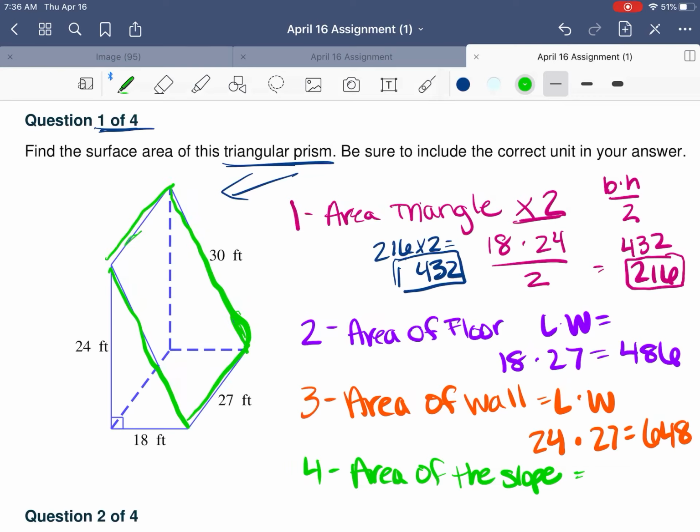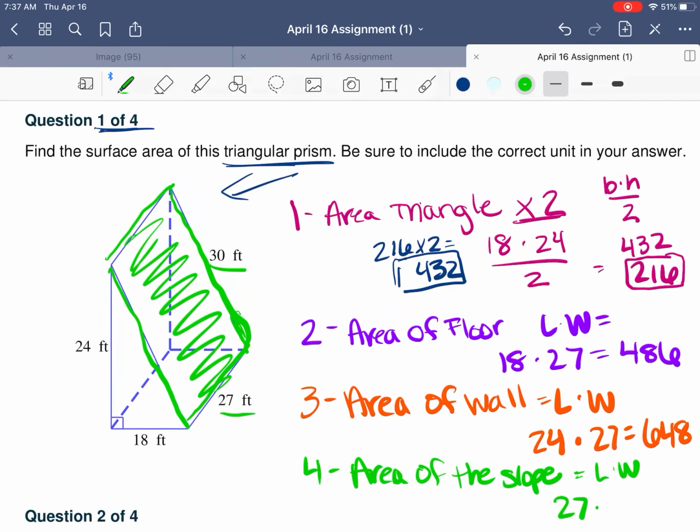Sorry. It's that part right there. Again, it's just one shape and it's basically still the length times the width. We can tell that it has 27 and 30. Those are the two sides that we want to use. So 27 times 30 is 810.